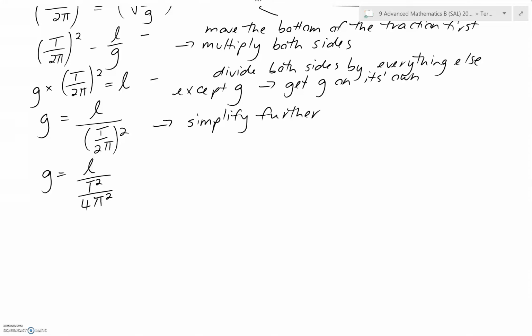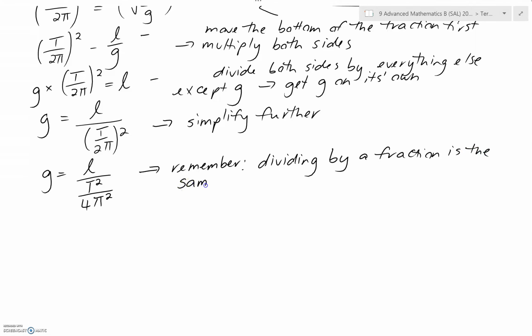Now, we've got a fraction within a fraction. So what we're really saying is we want to divide L by the fraction. So I don't know if you remember fractions from when we did them, I hope so, but when we are dividing by a fraction, which is what we are doing here, dividing by a fraction is the same as multiplying by the inverse of the fraction.